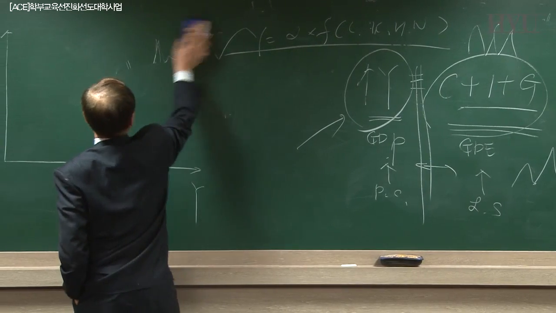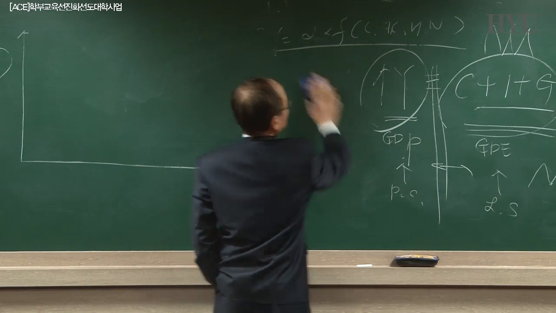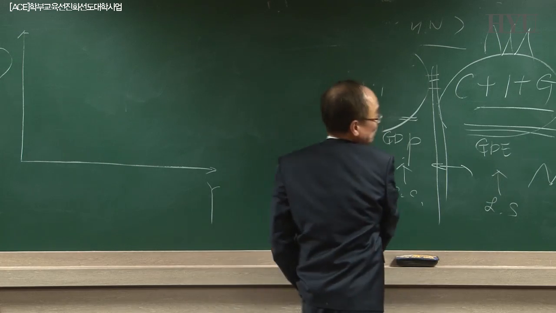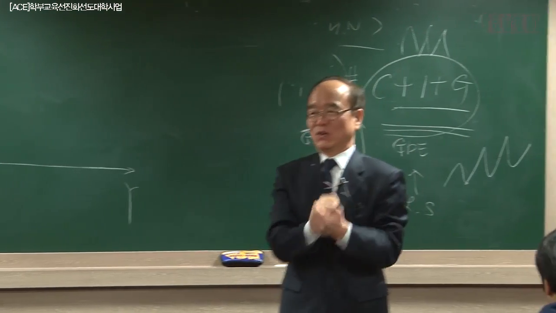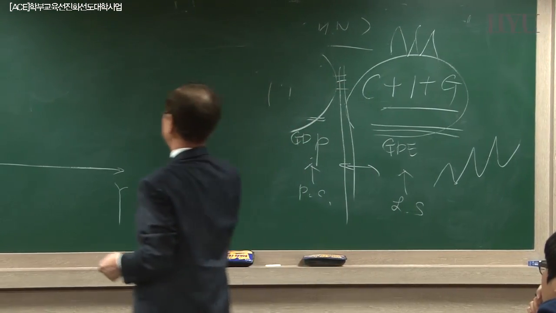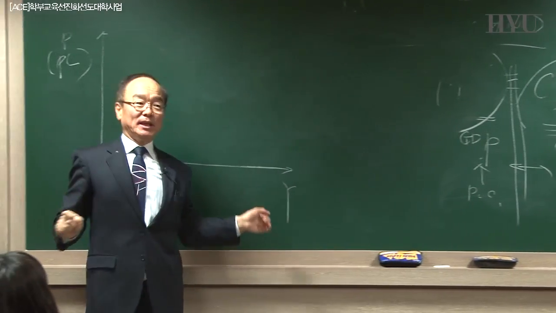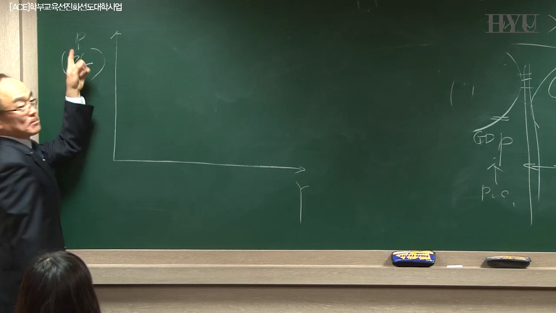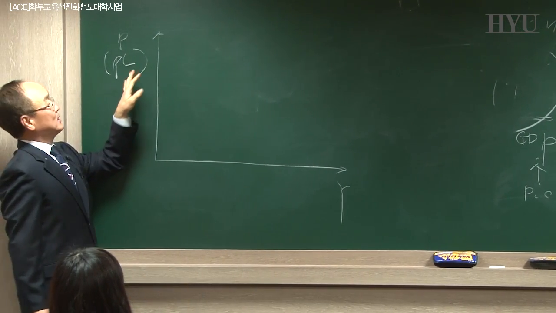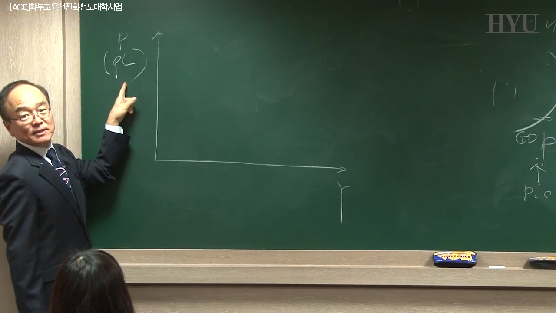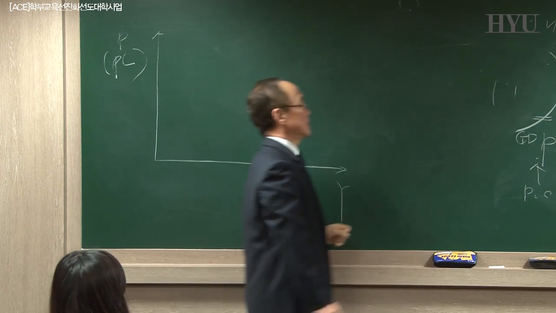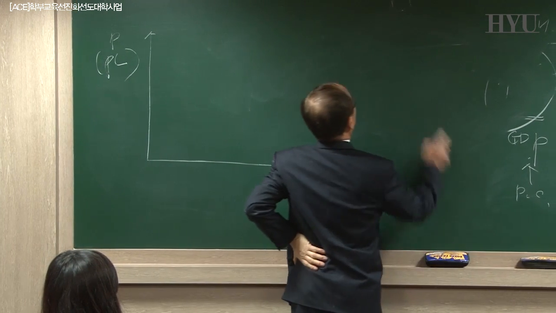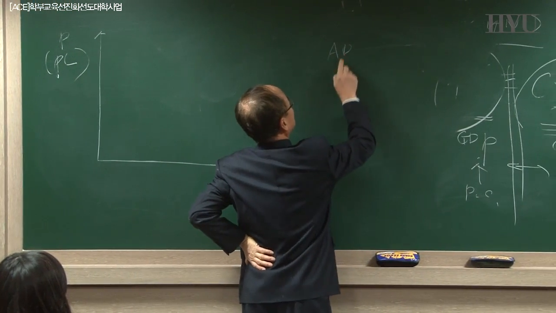But anyway, what would your intuition tell you? We need two curves, right? Y, GDP, versus the price level. Even if he says P, it means price level. So my question is, how would these curves look?